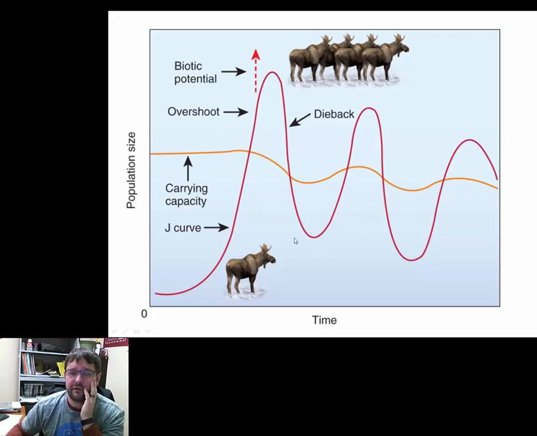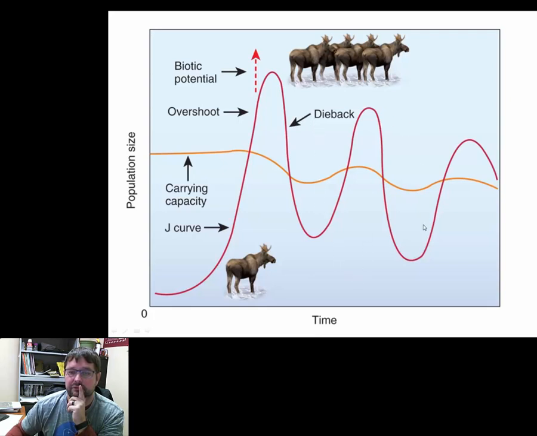Now, definitely a player in this are the wolves. So the wolves can help with this dieback. Okay? And so as the moose population rises and gets big, the wolves can come in and knock the moose population down. And if you saw the wolf population, you would see something that fits this curve a little bit like this. So the wolf population would come up, and then as the moose population dies down, the wolf population would follow.